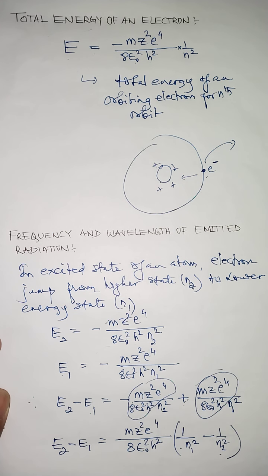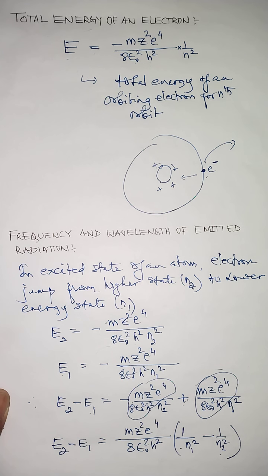But we need to calculate the frequency of the emitted radiation. The frequency of emitted electromagnetic radiation, also called a photon, is calculated by using Bohr's third postulate, which is also called Bohr's frequency condition.